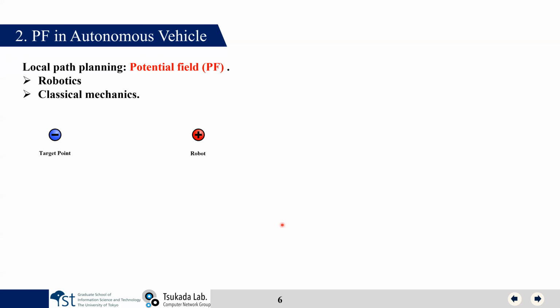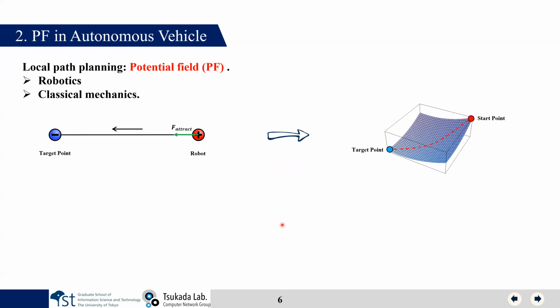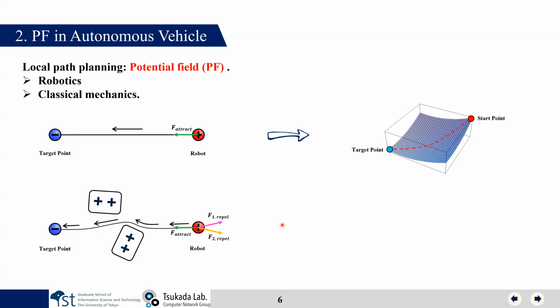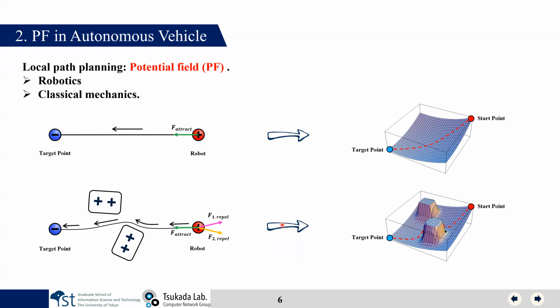So the robot will, of course, move to the target point, and the potential field can imitate this kind of mechanism. Let's consider that there are two obstacles here, and we put the same positive components around these two obstacles. By applying this method, the robot can arrive at the target point while avoiding these two obstacles. So the PF can imitate this kind of process.